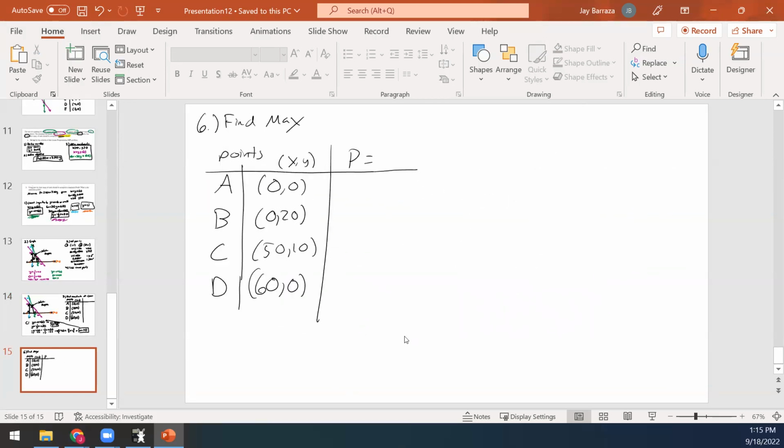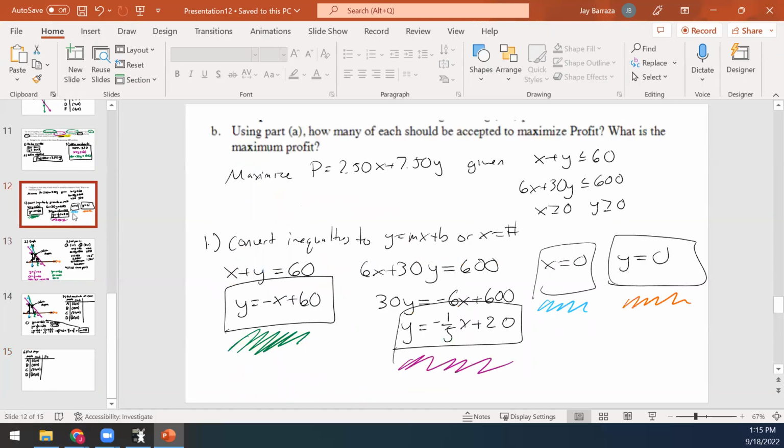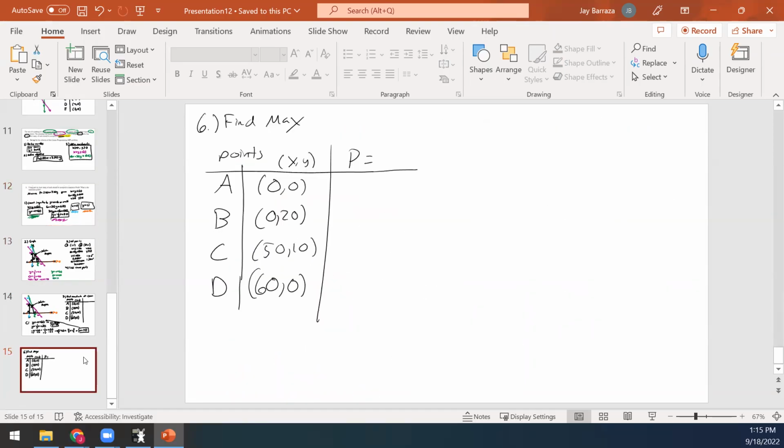Line P equals, now what was our objective equation at the beginning? 250x plus 750y. So P equals 0. If you don't take any cars, you're going to get nothing. Makes sense to me. P equals 0 plus 750 times 20.